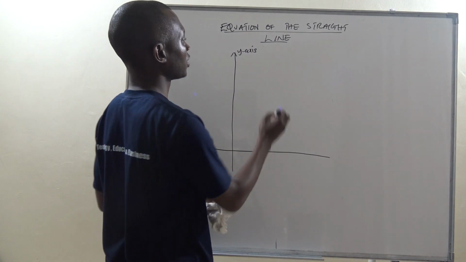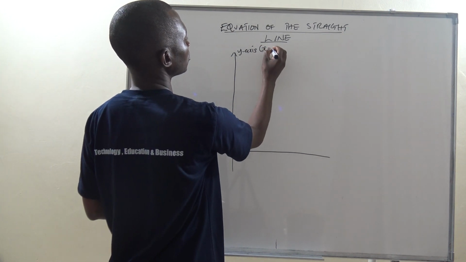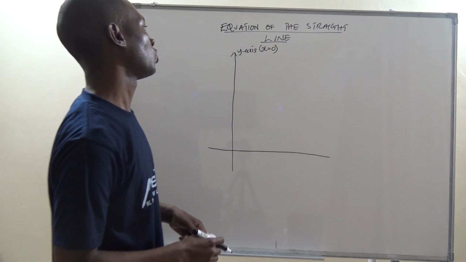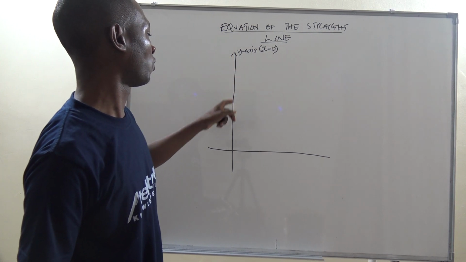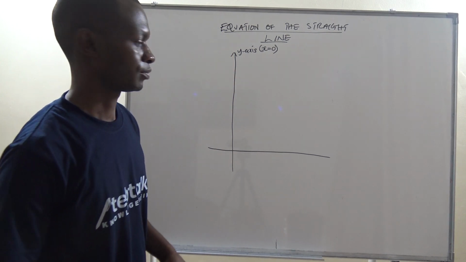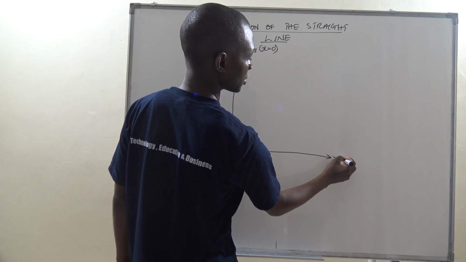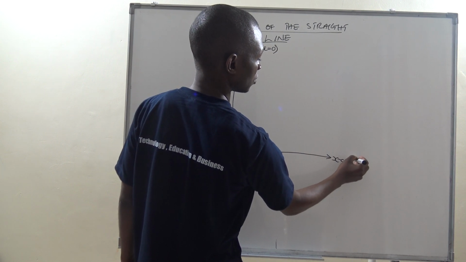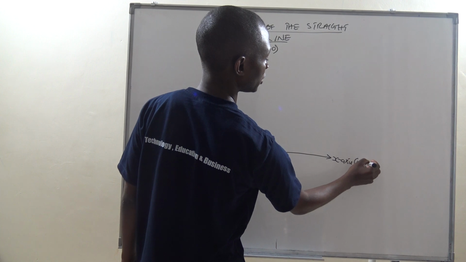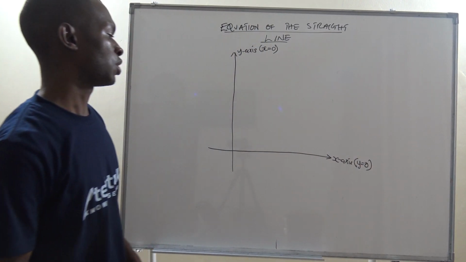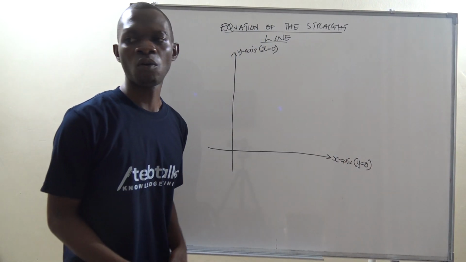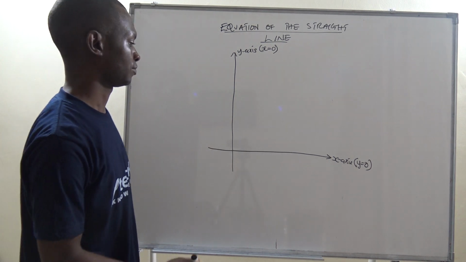Sometimes you can call it x equal to 0, because you cannot get the values of x on this line. This horizontal line is called the x-axis. Or sometimes you can call it y equal to 0, because you cannot get the values of y on this line.